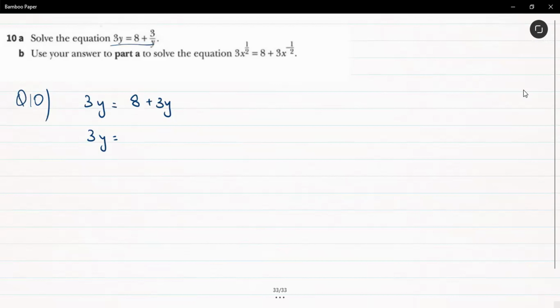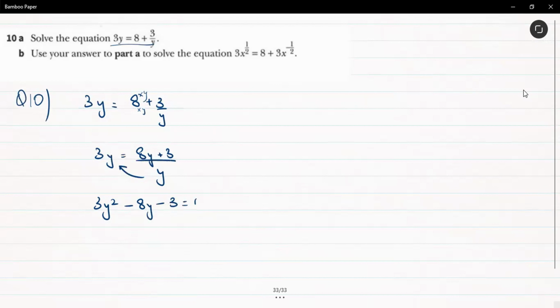Oh, sorry, 3 upon y. So 3y is equal to 8y plus 3, as you could have guessed, because I've taken LCM and multiplied by y on both sides. So divided by y is equal to this 3y squared, because this multiplies here. Now minus 8y minus 3 is equal to 0.